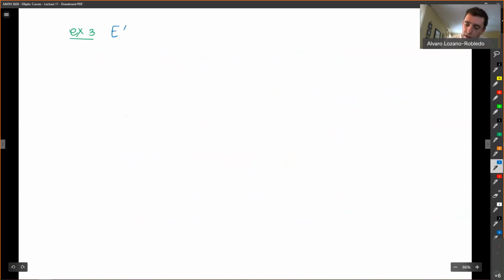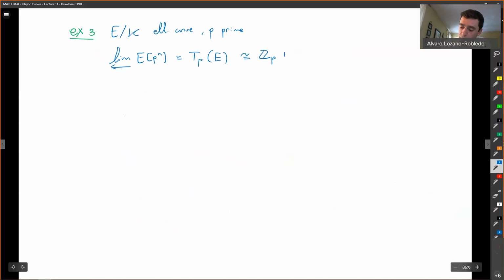So now we had E over K, an elliptic curve, and we had a prime p, and then we had constructed the inverse limit of the p^n torsion subgroups, called it the Tate module of E, and this was, remember, isomorphic to two copies of Z_p. Okay, so now there is an action of Galois here too.